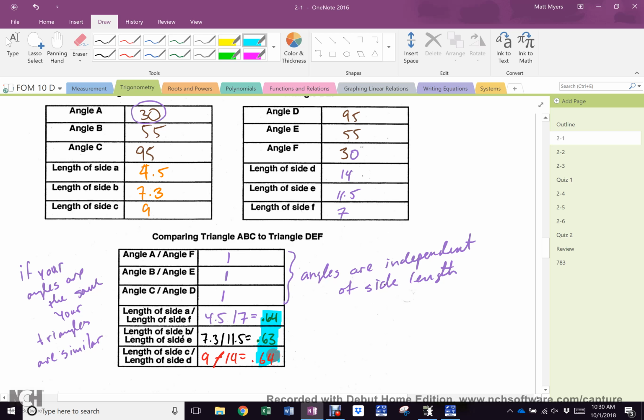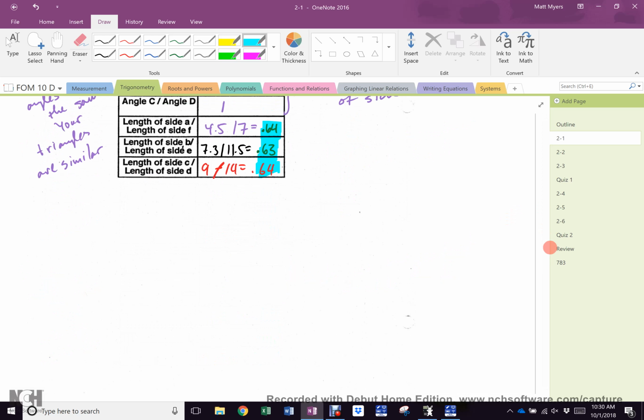And this is why we can take blueprints and build this building. Because on a piece of paper, that triangle is way smaller, isn't it? But are the angles smaller? No, because the size of the triangle is independent of the size of the angles.